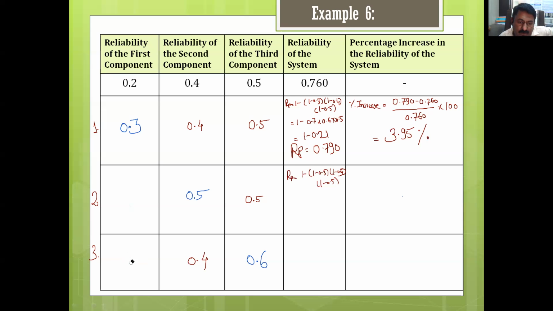I will not change this basic thing, so here I have to give the same value. Here I should take 0.2, and here also I should take 0.2. So now the calculation will become like this: 1 minus 0.2, 0.5, 0.5.